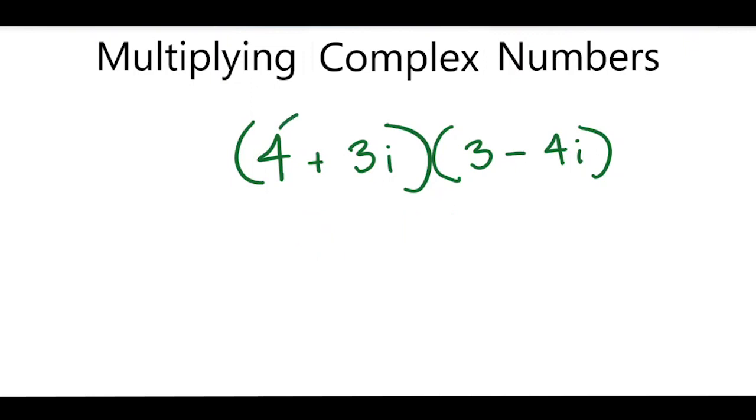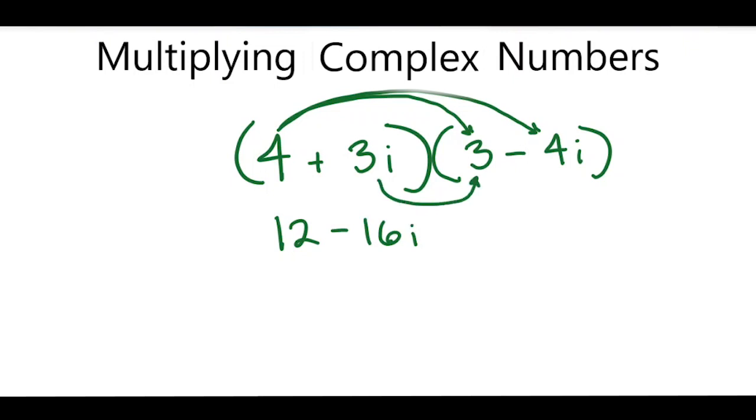So we will do first, which is 4 times 3, which is 12. And then outer, which is 4 times negative 4i, which is negative 16i. And then inner, which is 3i times 3, so that's plus 9i. And then last will be 3i times negative 4i, which is negative 12i squared.